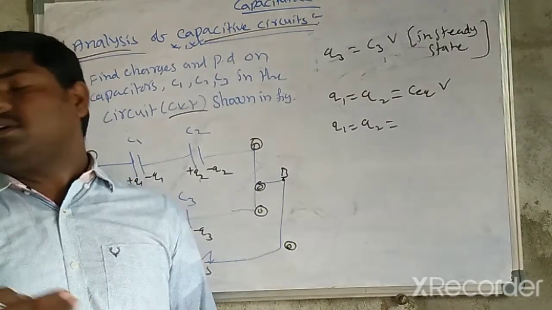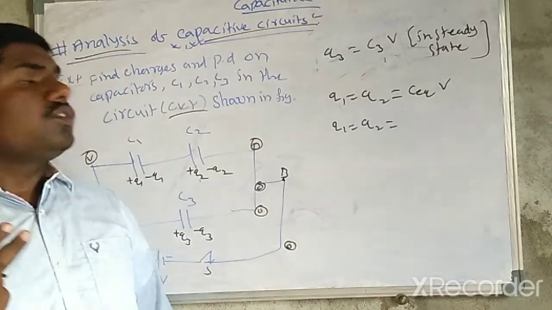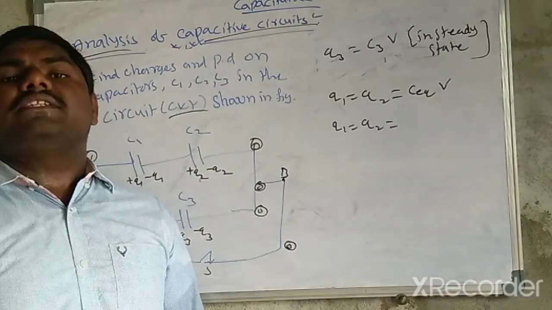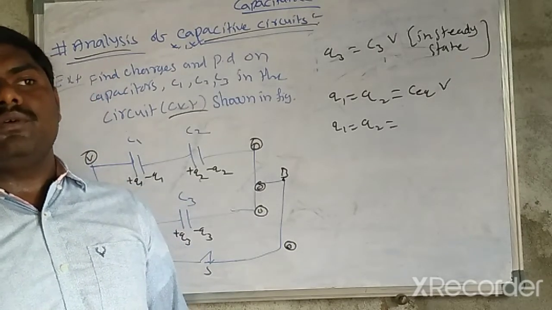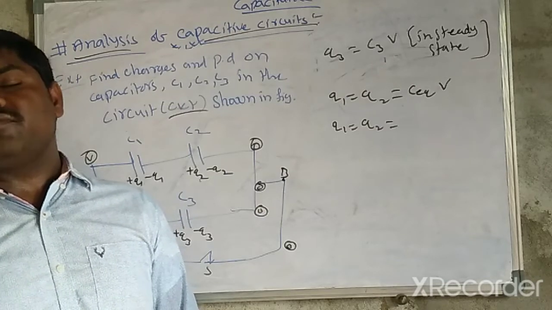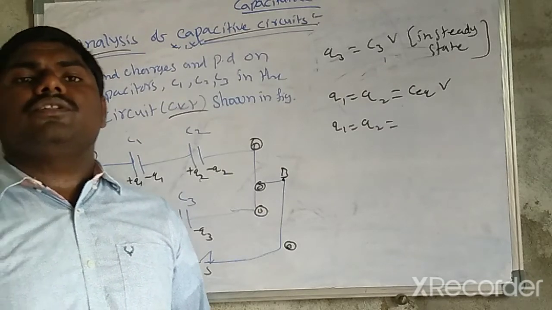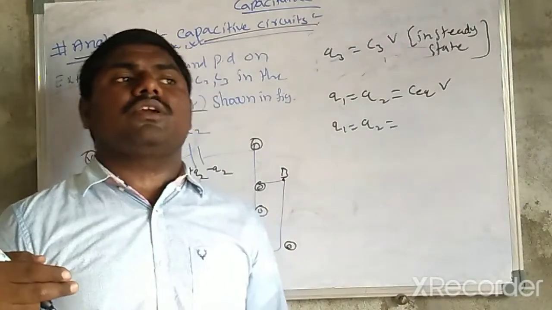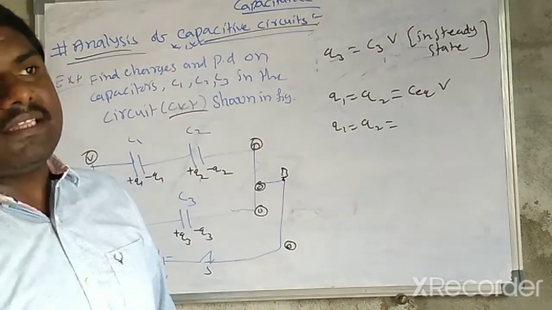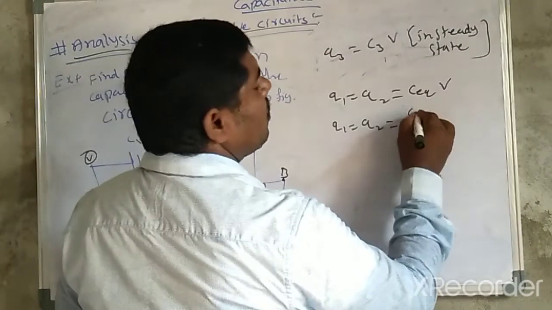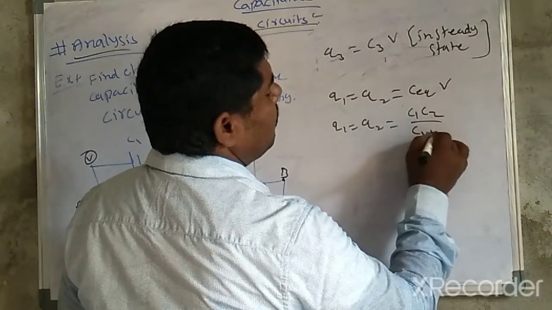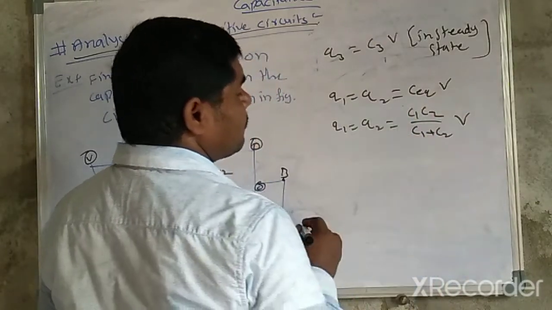Taking the LCM, C1 plus C2 divided by C1 C2 is equal to 1 by C equivalent. So C equivalent is equal to C1 C2 by C1 plus C2. So Q1 equals Q2 equals C1 C2 divided by C1 plus C2 into V.